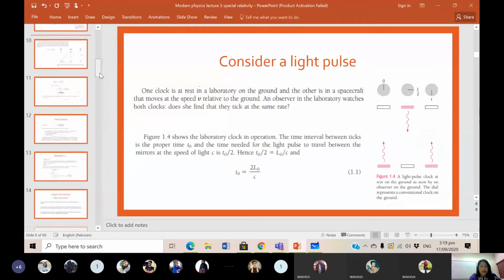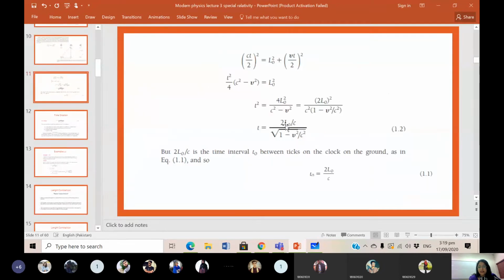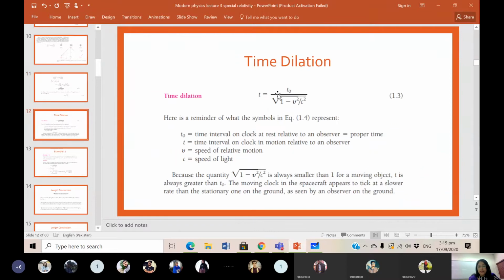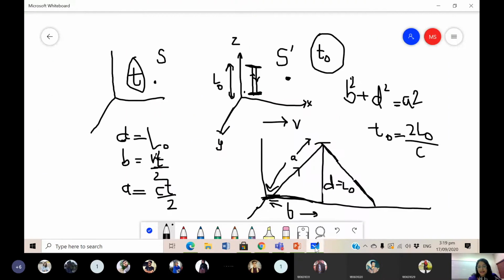If we put this formula back into this formula, 2L0 over C we know was equal to T0 from that formula. So we put it in here, we got this equation. Now it all makes sense. Now we've derived the equation for time dilation. I hope it's making sense.